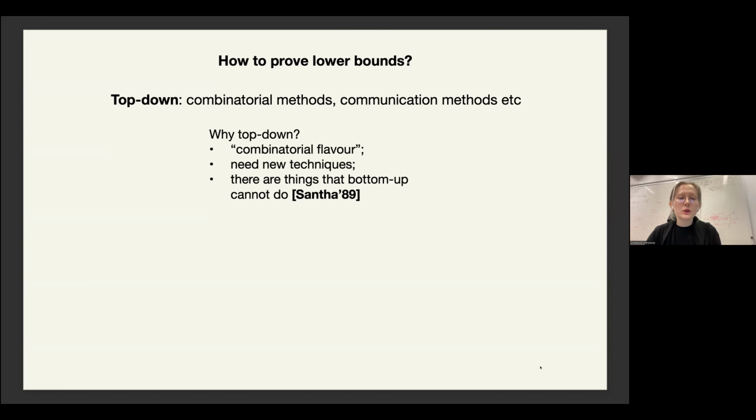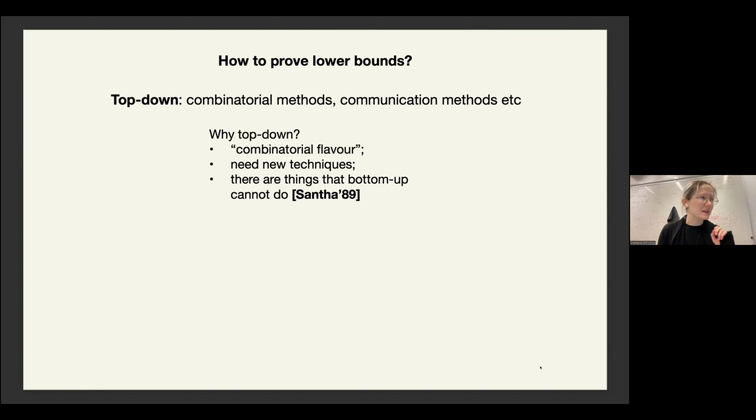So why do we need this third option when we have these first two? Why are they not good enough for us? The first reason that I've listed here is that top-down proofs are usually more combinatorial, and this is something closer to the heart of computer scientists usually.